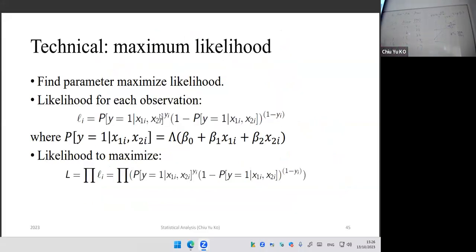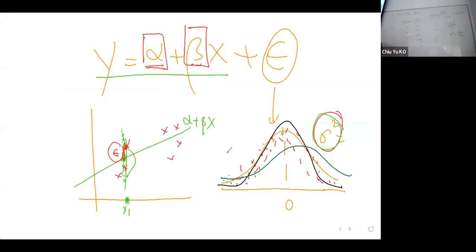Given the data, you calculate how likely you are to achieve this, and then you just maximize. The idea is no different from here. If you remember the regression, if I fix the slope and intercept, for each point I can have the measure of the epsilon.